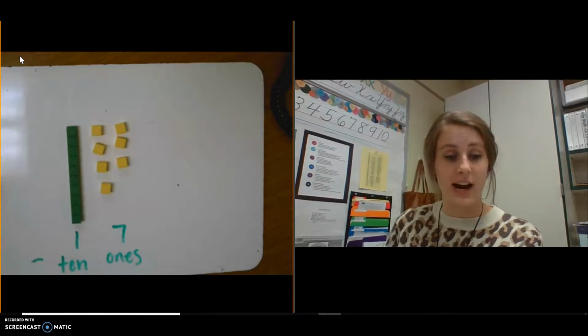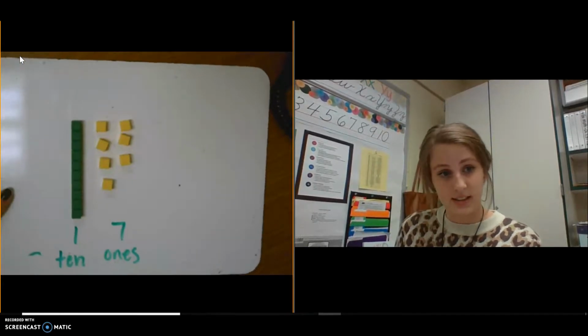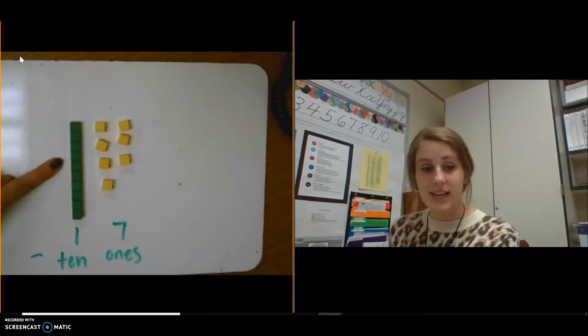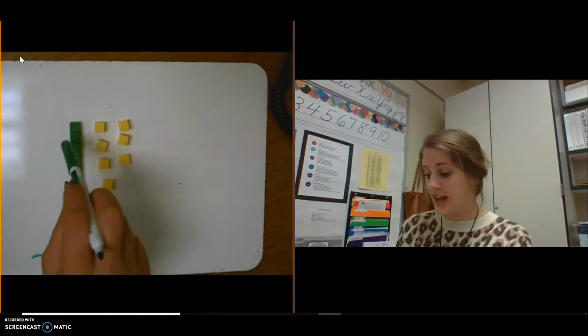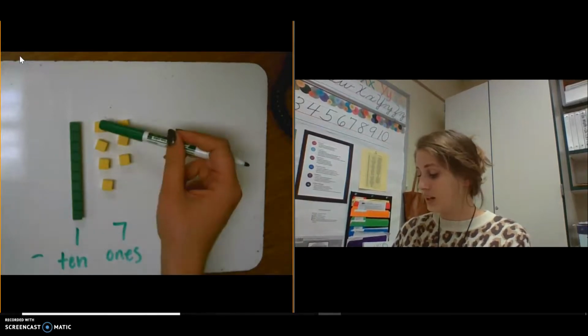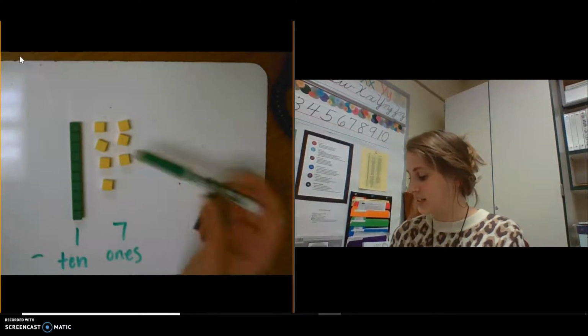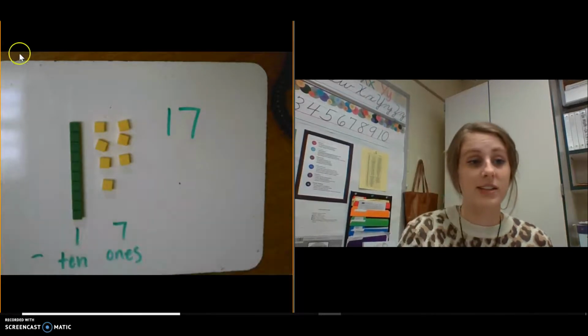Okay, so we need to figure out what do these represent? You might think, oh, I know this is 10 and I know this is 7, so I might count 10, 11, 12, 13, 14, 15, 16, 17. So our number here is 17.